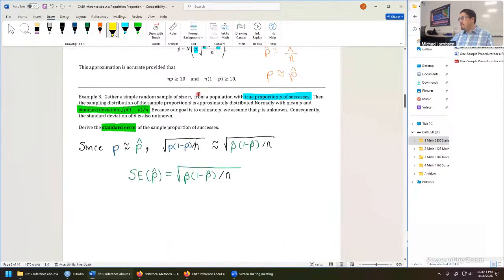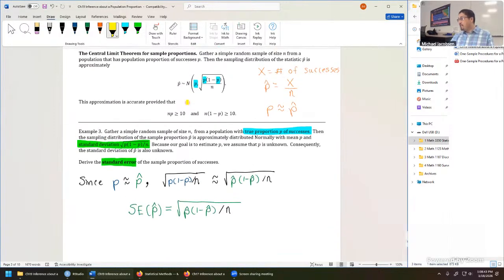You might say, wait a minute, the central limit theorem said it was effective if it exceeds 10. So why are we going even higher? It's because we're making an estimate at the same time.